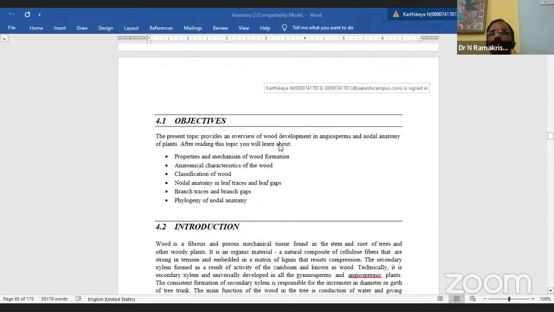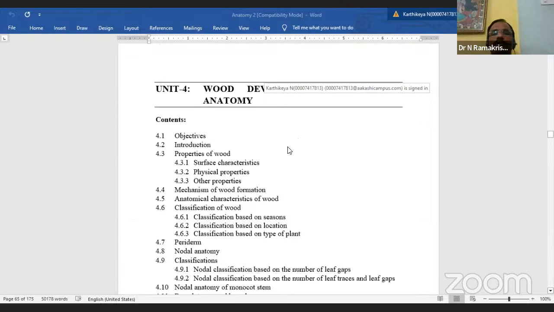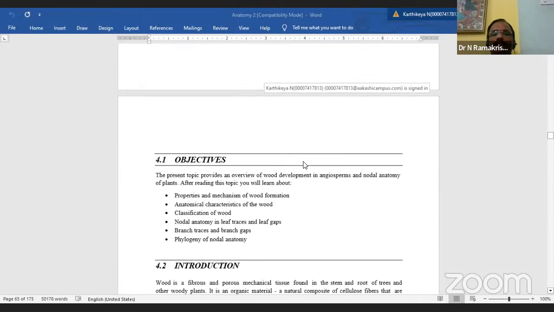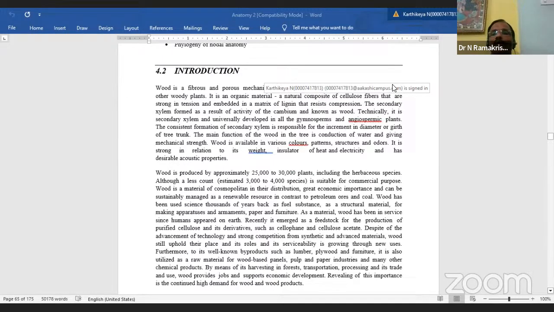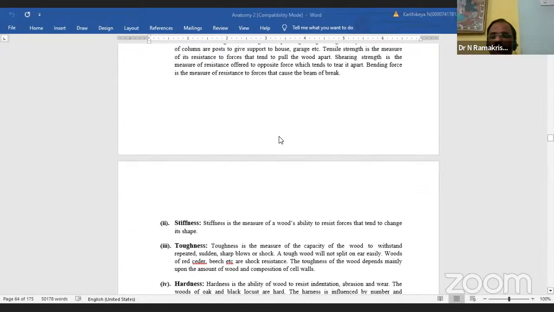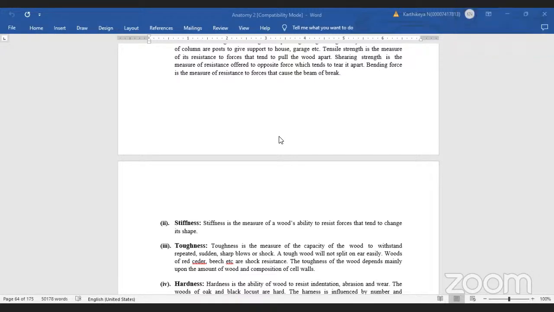Okay, one minute. This is anatomy. This one. Okay, this is after the secondary development. When the stem width development started, we call that secondary development. Width development, okay.